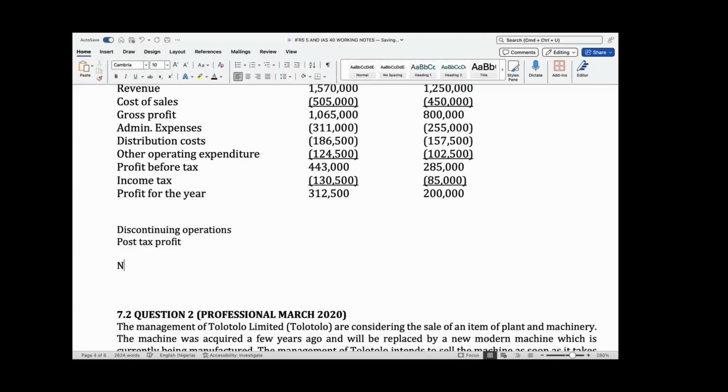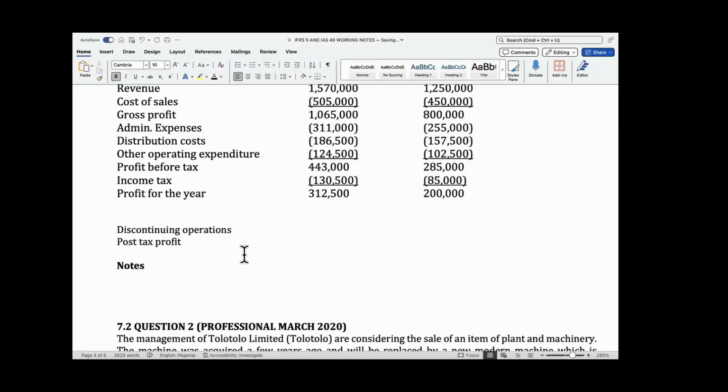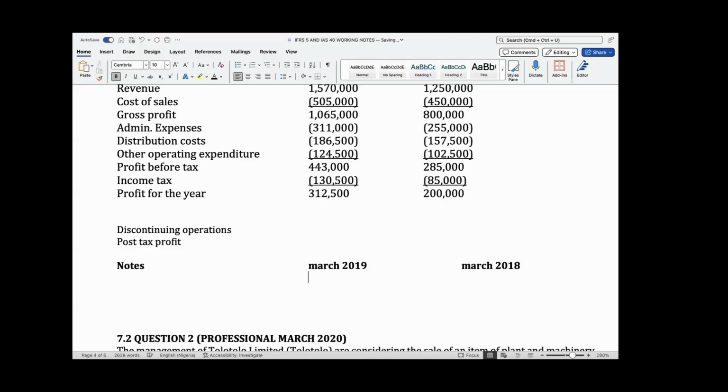I don't have to write that. Then in my notes, I can break it down into March 2019, March 2018.